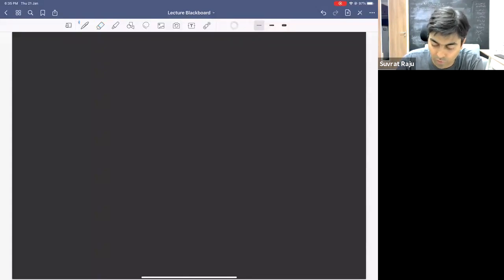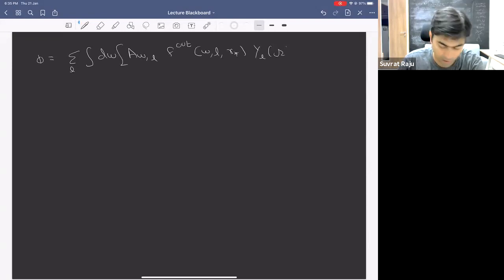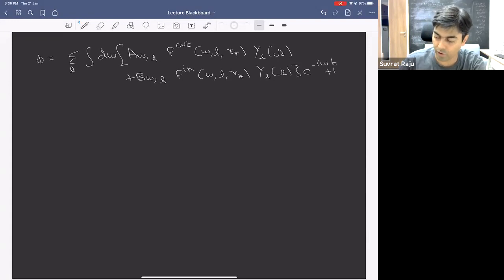We took some field which satisfied some Klein-Gordon equation in a black hole spacetime, and we expanded it, and we said that outside the horizon, this field has some behavior which looks like this: a_{ωL} times f_out(r_*) times Y_{Lω}, plus b_{ωL} times a function that we called f_in(r_*) times again Y_{Lω}, times e^{-iωt}, plus the Hermitian conjugate part.